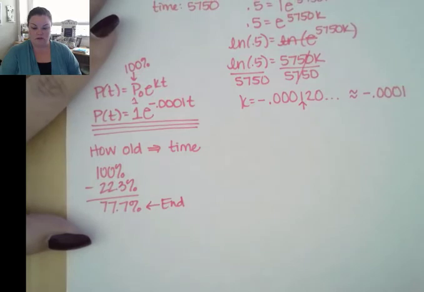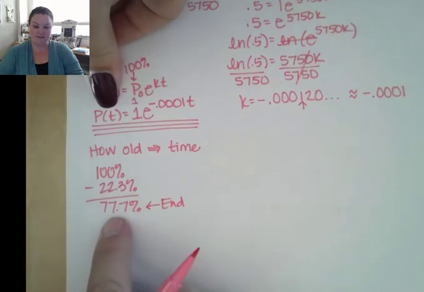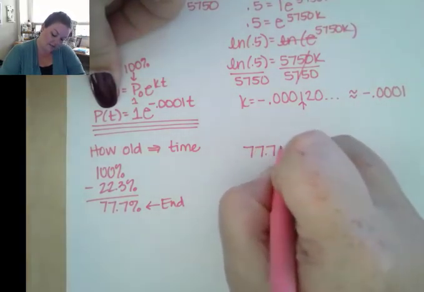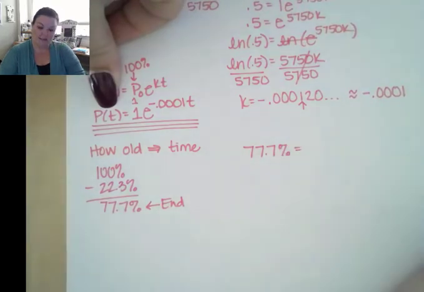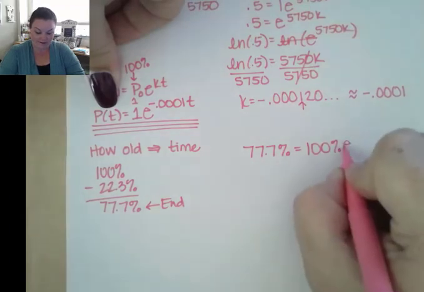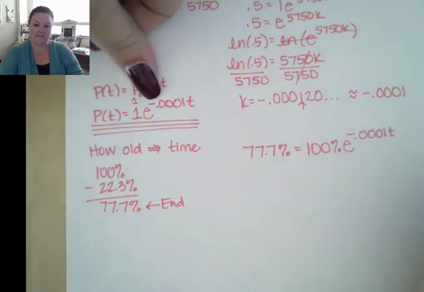So I'm going to go ahead and use this function that we came up with, and I'm going to put in 77.7% as our end amount. So 77.7% is our end amount, right? Down from the 100% we started with. And we have e to the negative 0.0001 times t.